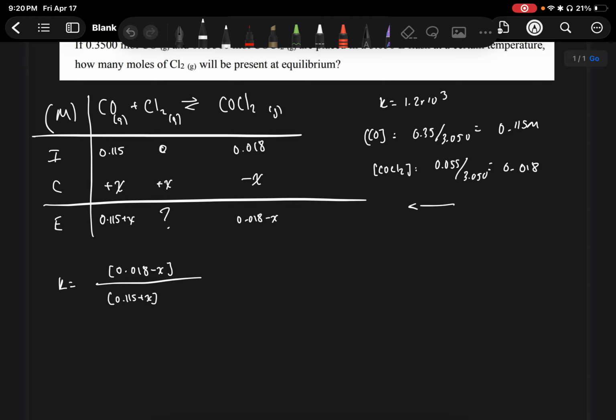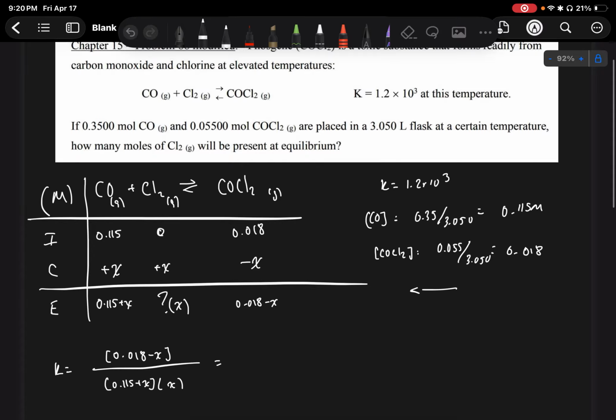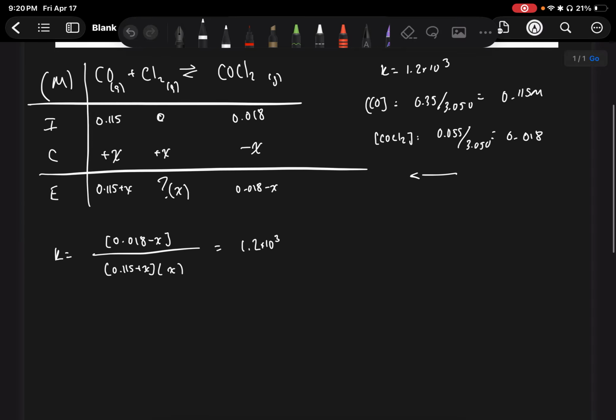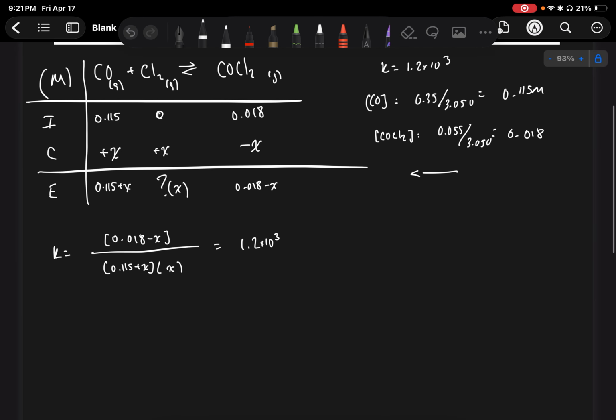This should be able to work. Okay, this would just be the same if I found the reciprocal of K and then set it up to K expression as if these were the products. But right now I'm setting these up as if these are the reactants, like in this order of the first equation. So that's kind of what I'm doing.